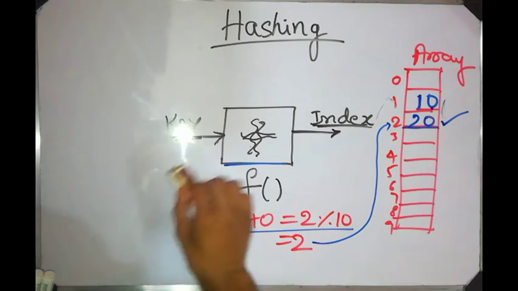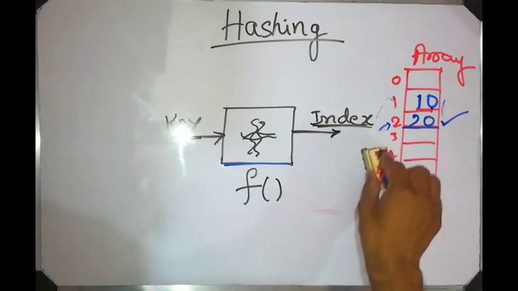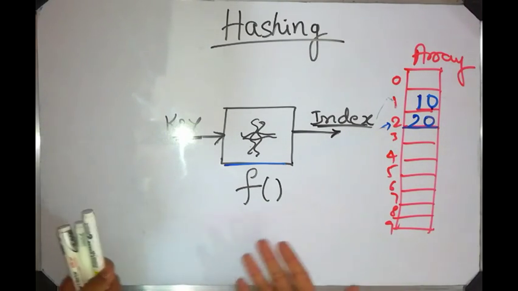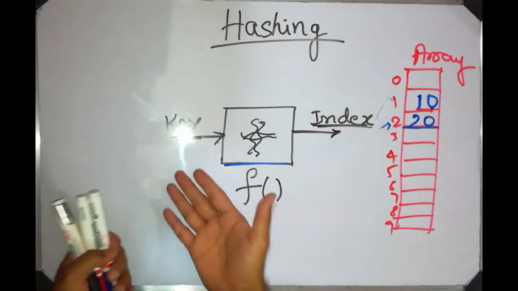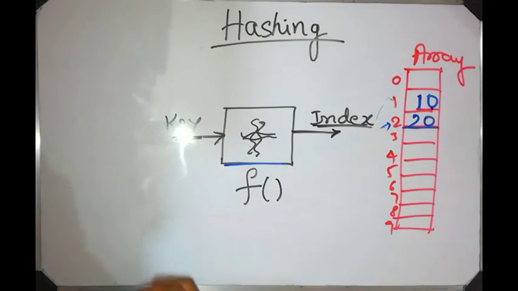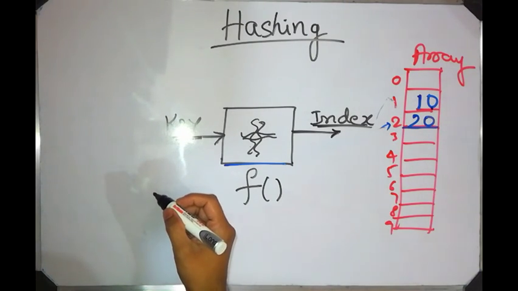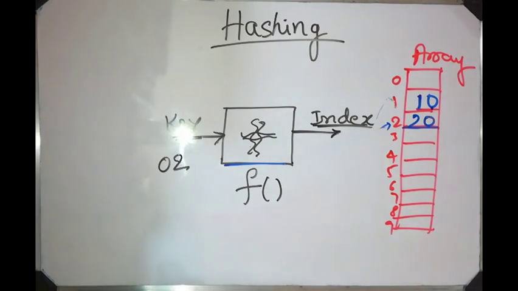But then there is some problem here. What if my hashing function adds the two digits in the number, and I give something like 0, 2?